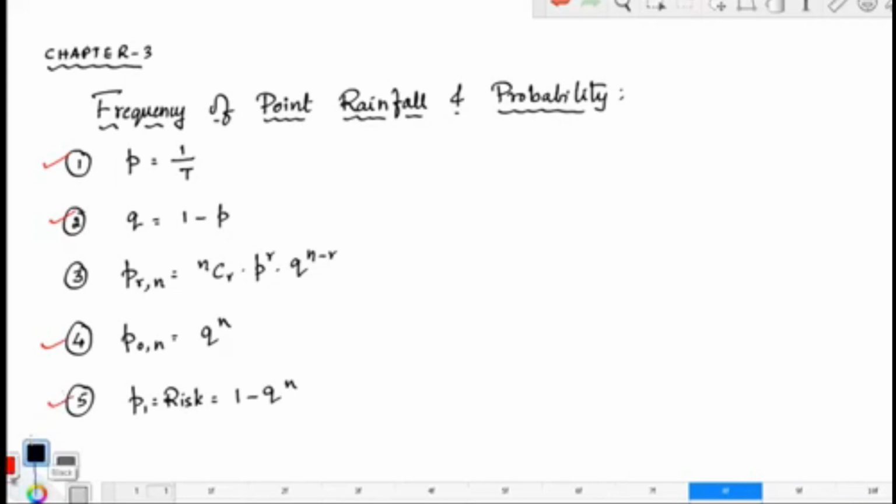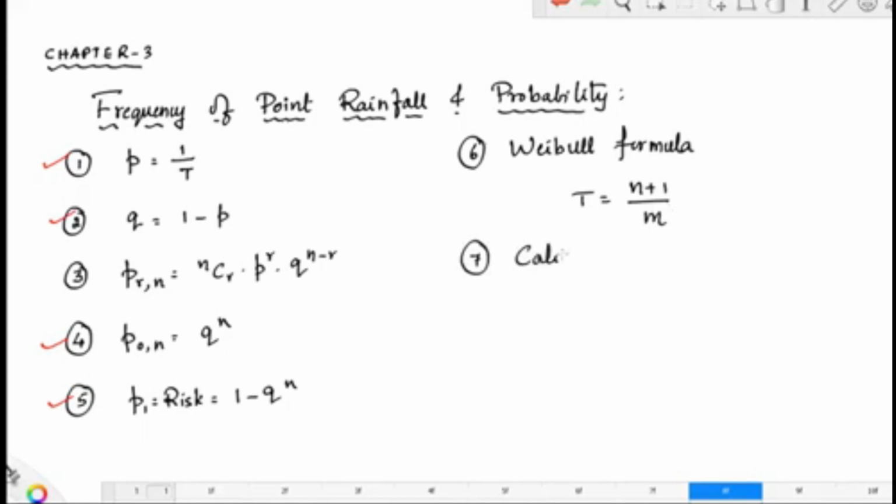Suppose if you want to remember a return period formula, sixth one. So Weibull's formula, T is equal to (n plus 1) divided by m.